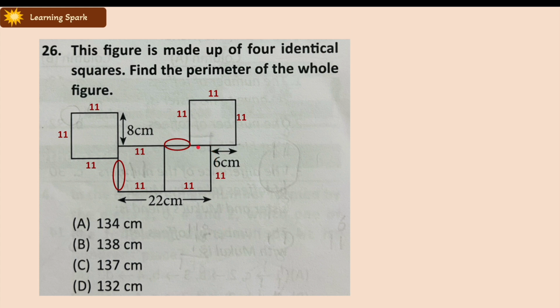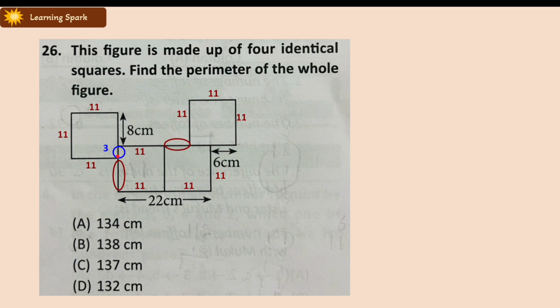For finding this side first, let's see what this particular length is. This length is 3, because this is 8, and the whole side of this square is 11, that we know. And this is 8.